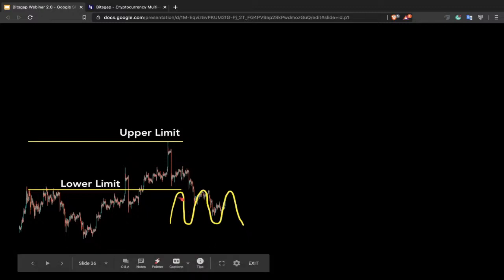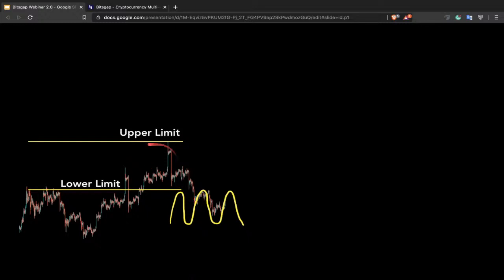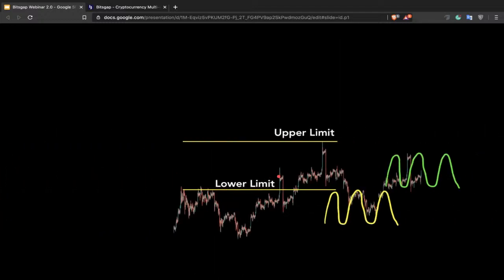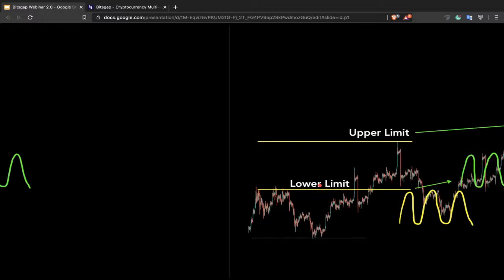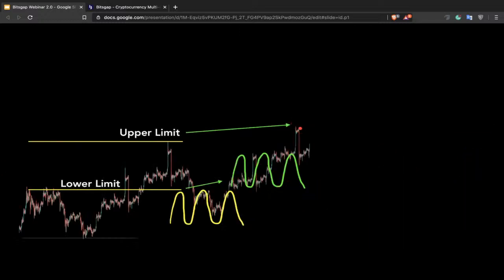And that is why the bot wouldn't have initiated any trades here, because the trading range is here and the price now is below. And as you remember, the bot is only trading within the trading range boundaries. If the price then comes back to the trading range here, the bot will continue trading. Imagine a new higher high is established.